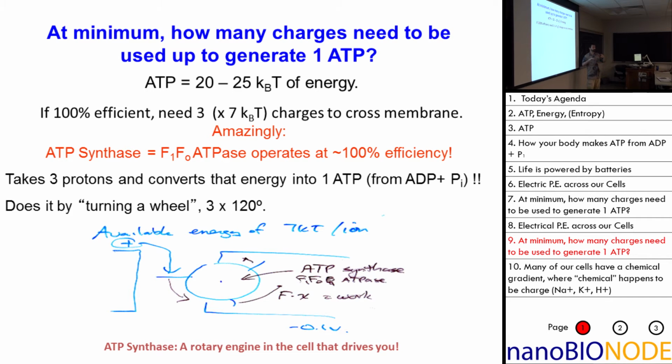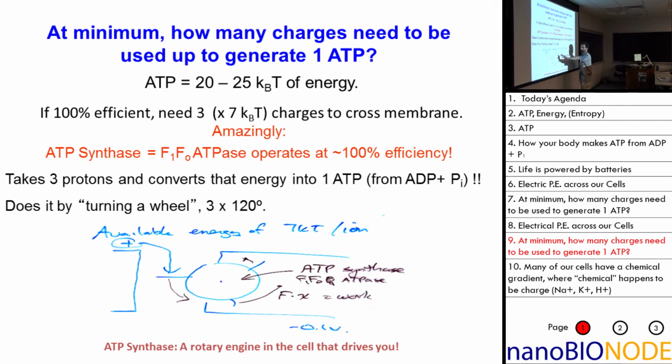If it's 10%, it'll take, whatever. Okay? So 3. And what we're going to find, amazingly, is that the motor, in this case it turns out to be a rotary motor, operates at near 100% efficiency.